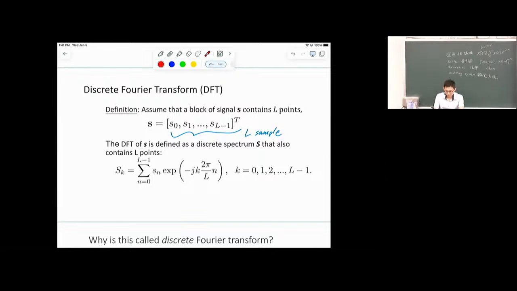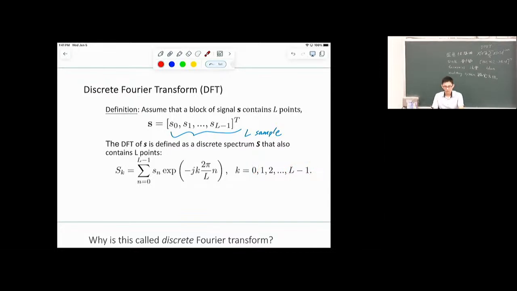Here again, we use small s for time, big S for frequency, uppercase S. The index k is a frequency index, and k takes values on integers. k goes from 0 to L minus 1.